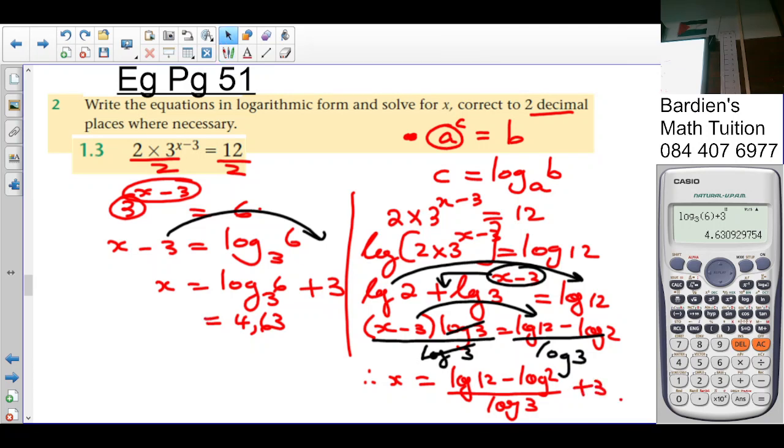That is simply, with no base, I use the other one. So it's going to be log 12 minus log 2 over log 3.